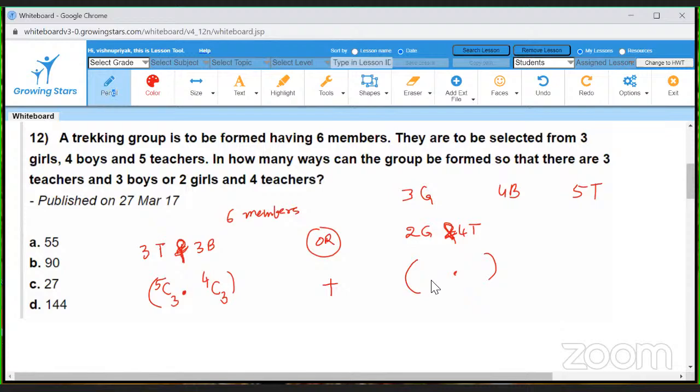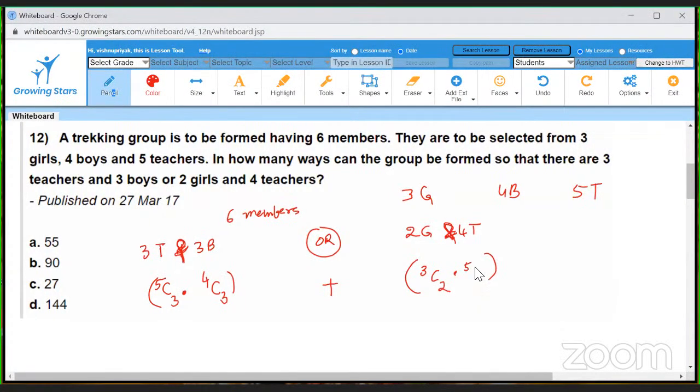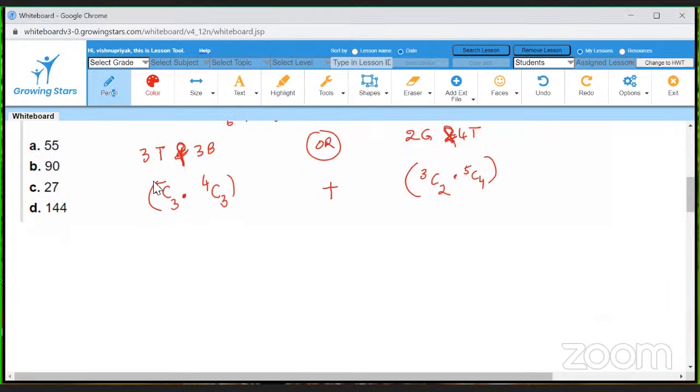From 3 girls, we have to select 2 girls. And from the 5 teachers, we have to select 4 teachers. So this will be the answer, but this is not given in the options. So we have to simplify it.